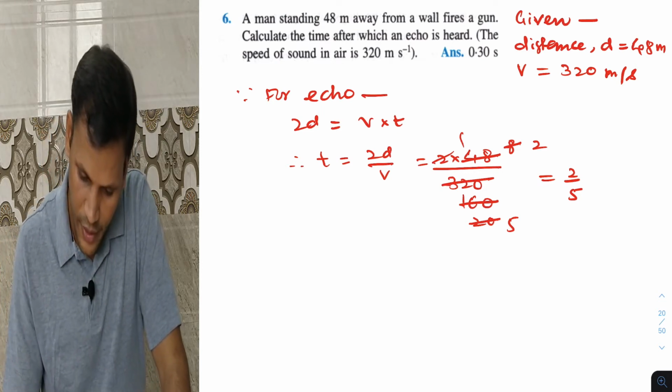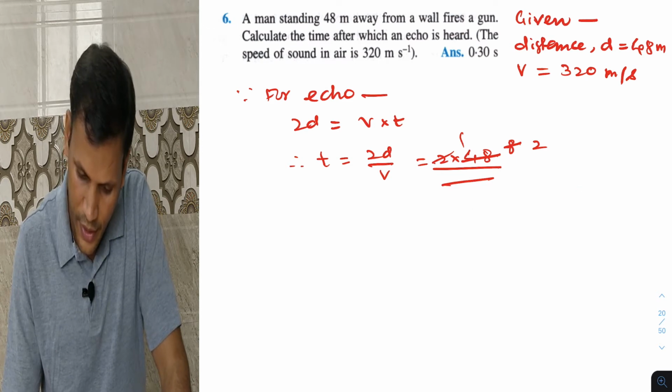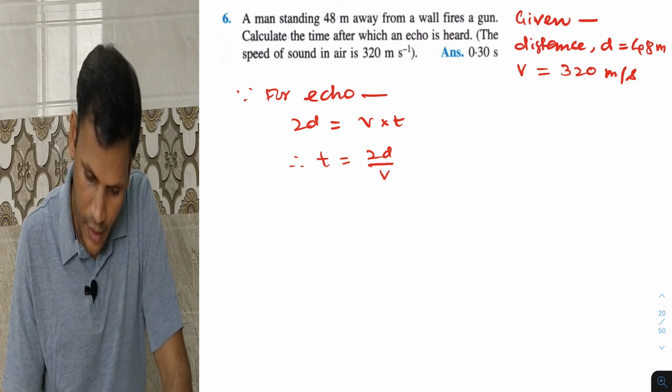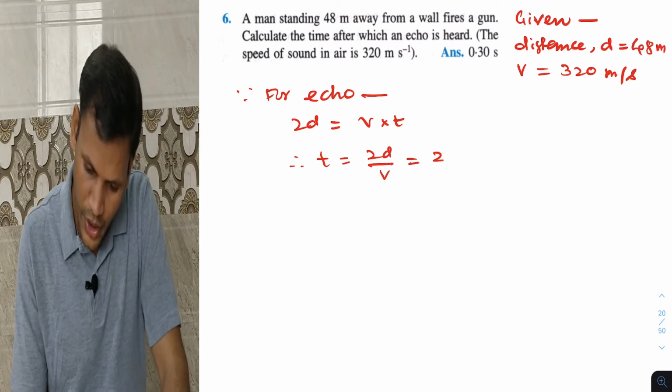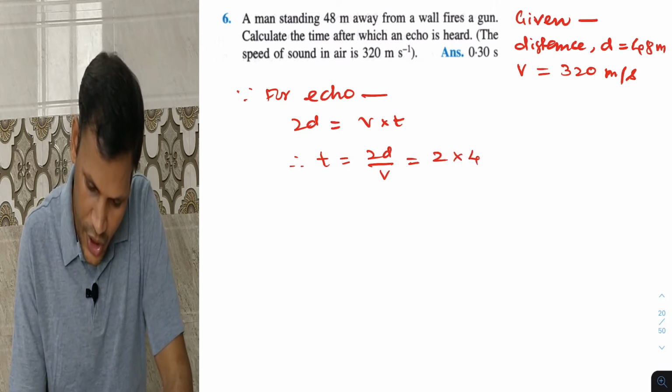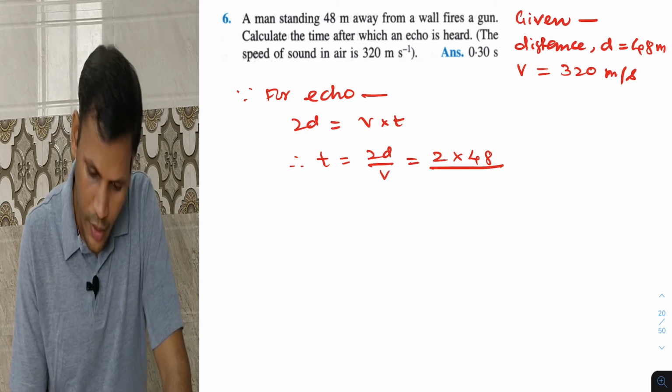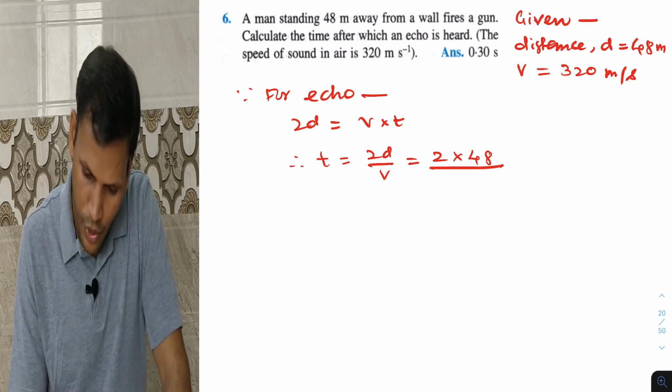Just a moment, I will rectify it again. 2D upon V, 2 into 48 meters upon V, which is 320.